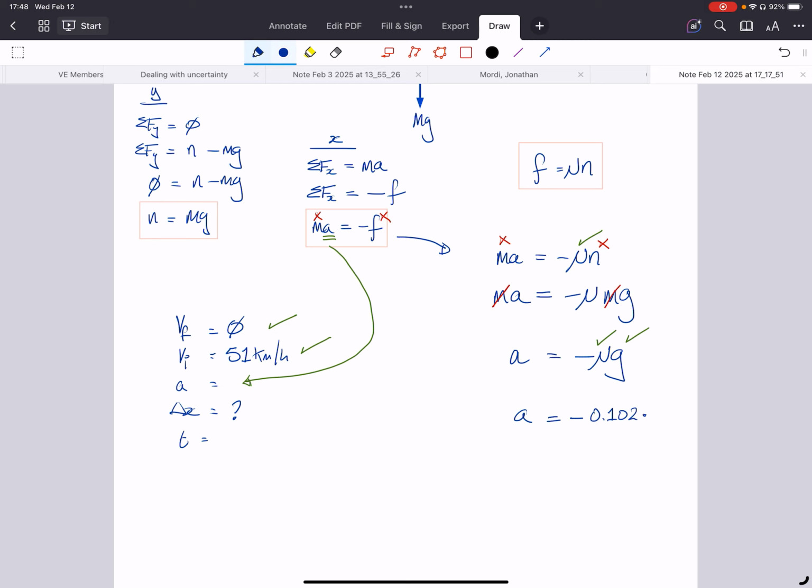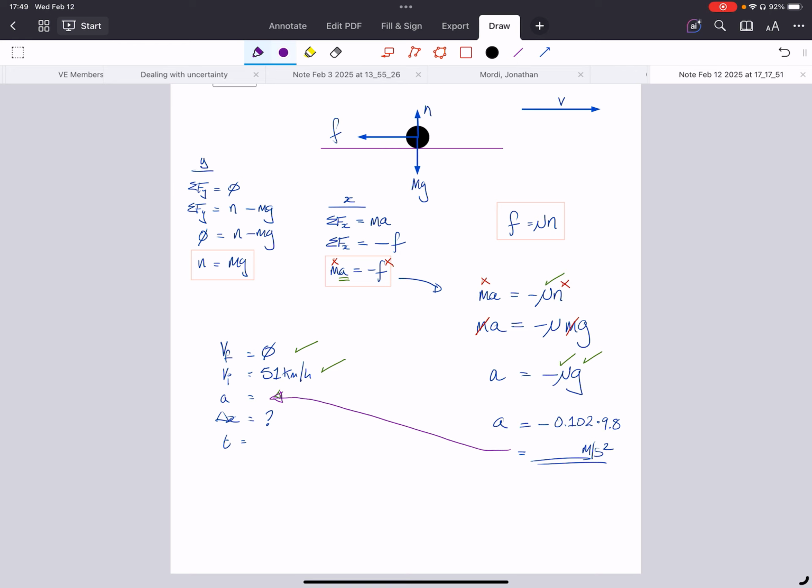And once you've worked that out, it will give you the acceleration in meters per second squared, which we can plug in over here to give us the acceleration that we need in order to solve for delta x.